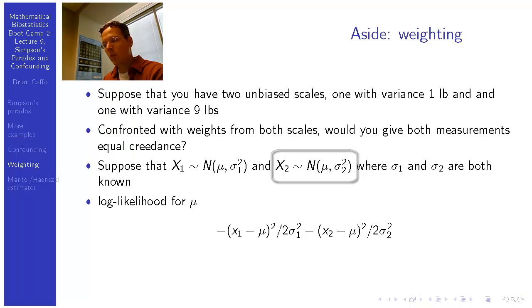And let's assume both sigma 1 and sigma 2 are known. We want to estimate mu, this unknown weight of the object. So we measured it with one scale with one precision, another scale with another precision. We're assuming both scales are unbiased in that if we measured the same object over and over and over again, the average would be about right.